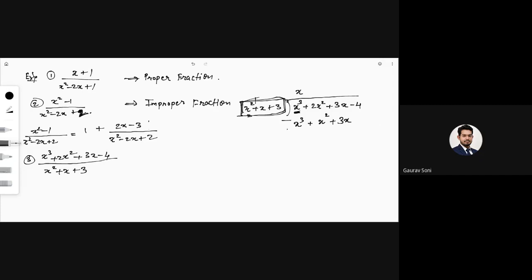And then subtract. When you give a minus sign to this complete bracket, all of this will become negative. Then x cube and minus x cube will get cancelled out. 2x square minus x square will become x square, plus 3x minus 3x again will get cancelled out, and there is minus 4. Now again what is happening?